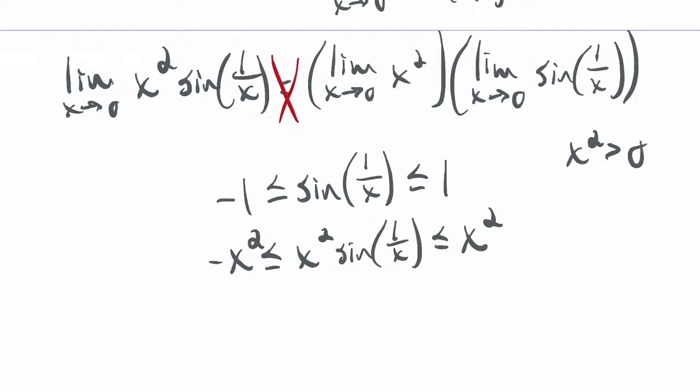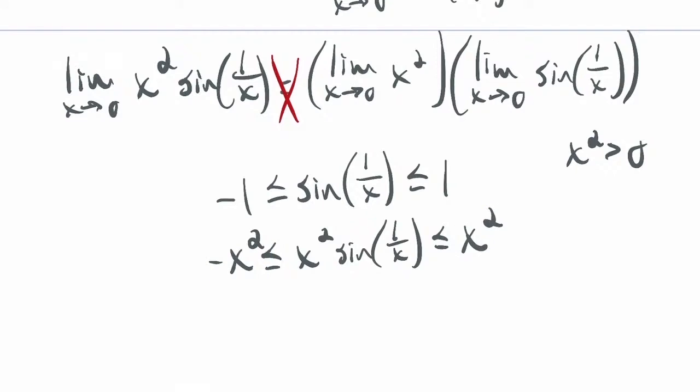Can anyone tell me the limit as x goes to 0 of negative x squared? Anyone? 0, I think. Yeah, because this is a polynomial, we just plug it in. How about this guy? Also 0. We just plug in because they're polynomials.